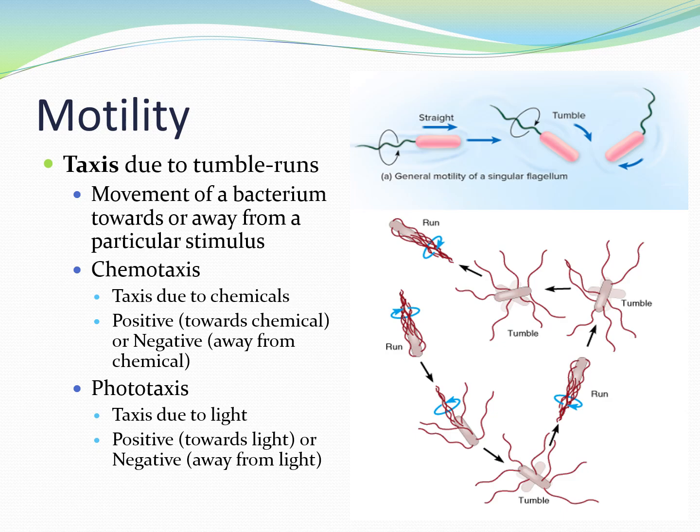Phototaxis is the other type of tumble run, and it is due to light. You can have positive, where the bacterial cells are going to move towards the light, or negative, where it moves away from the light. An example of phototaxis is the spirochetes.